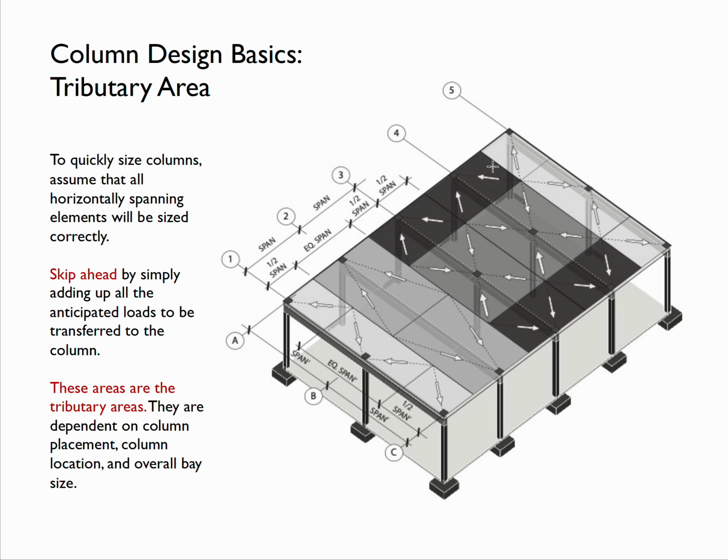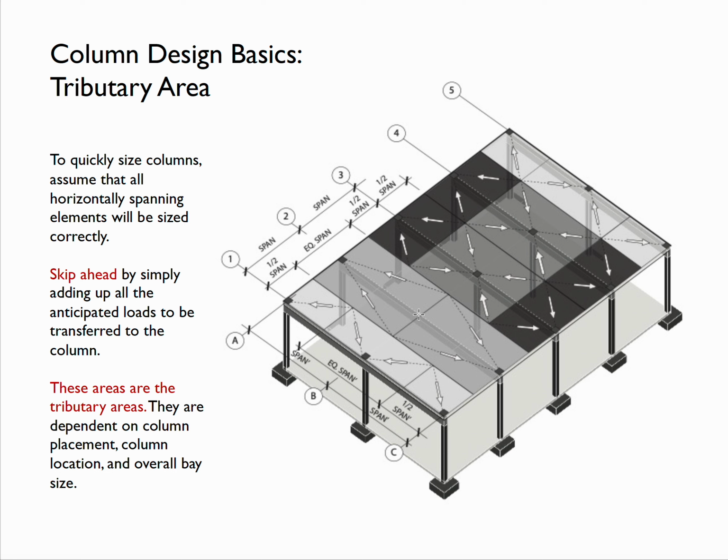A typical one back here takes half of this, half of that. So it takes all of this particular area. The center column, you can see, has twice as much area because it goes half this way, half that way, half this way, half that way. So the end columns usually have less tributary area than the center column in this layout. And then the smallest, of course, are the corners.